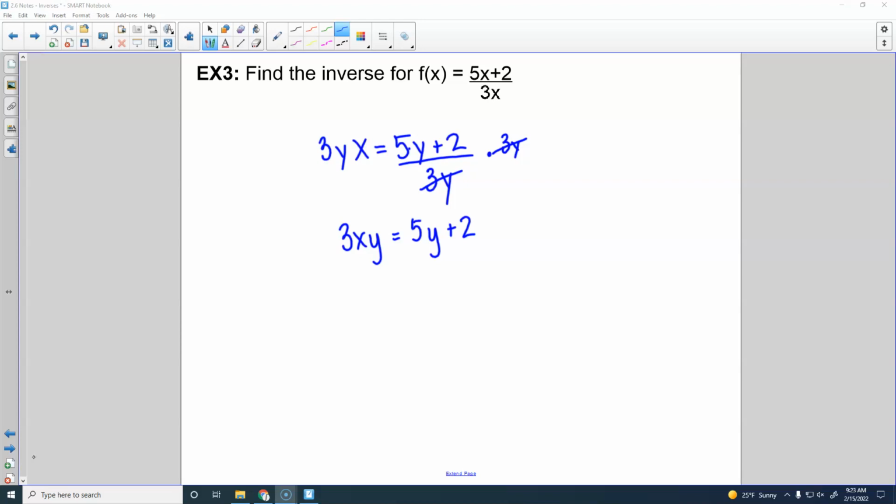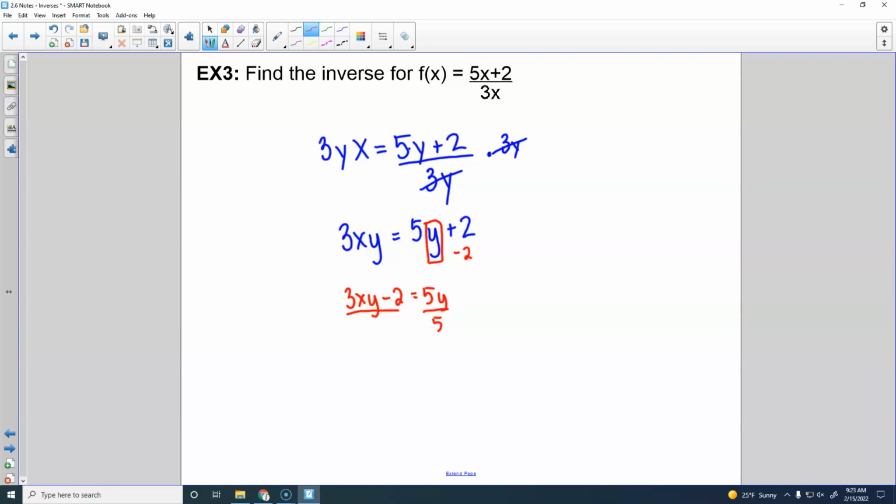All right, so we've got 3xy equals 5y plus 2. I saw a lot of you trying to solve for this y right here. But the problem with that is, if you solve for this y, I'm going to do it, but don't follow along, I'm going to erase it in a second. We could subtract the 2, 3xy minus 2 equals 5y, divide by 5.